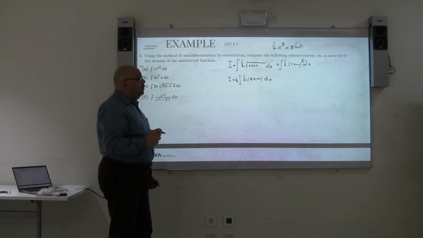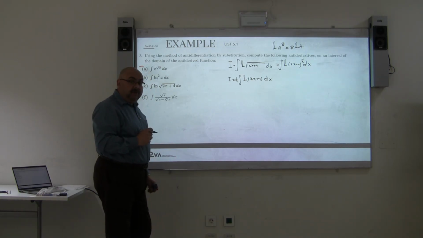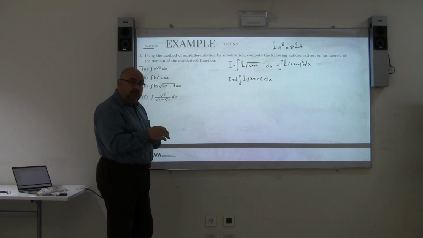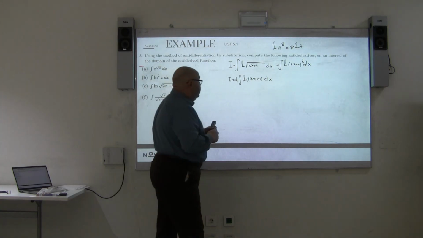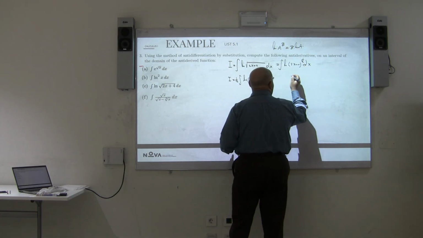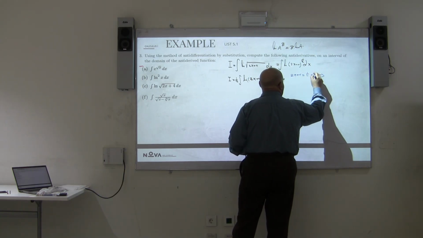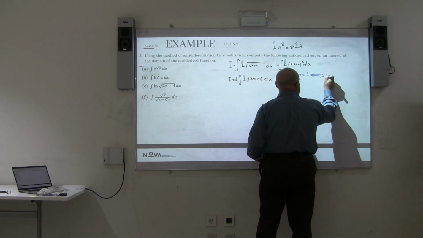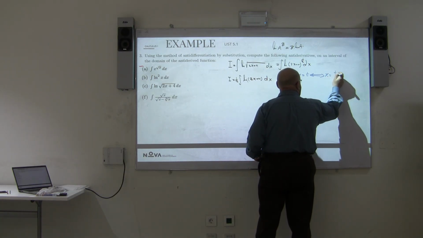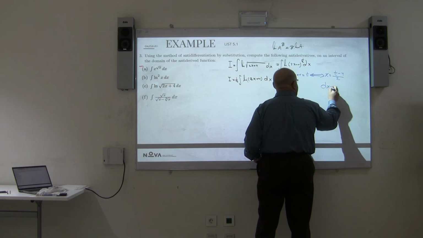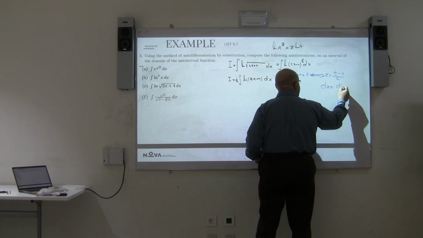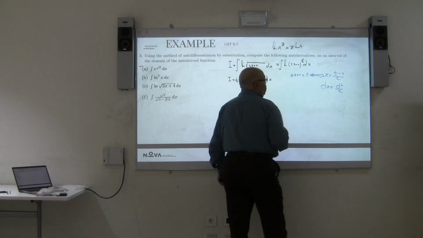Now I have plenty of ideas. I can use integration by parts, and also if I want to use substitution, I can simply consider 2x plus 4 is equal to t. That means x is going to equal (t minus 4) over 2, and that leads to dx equal to dt over 2, as you can see.